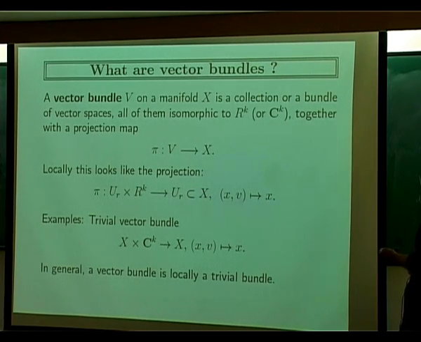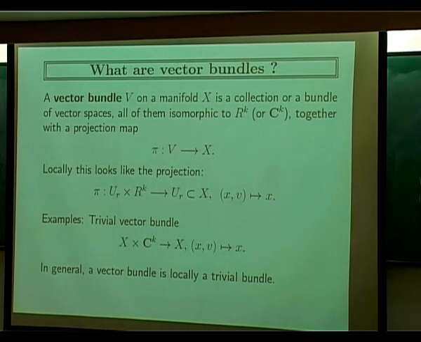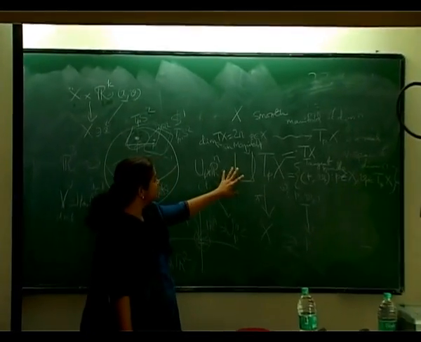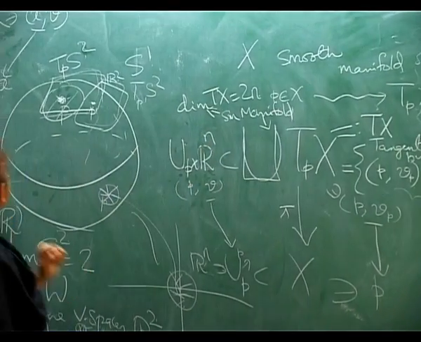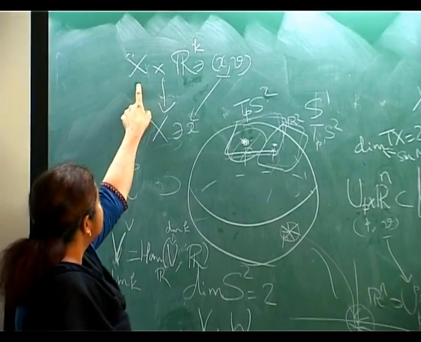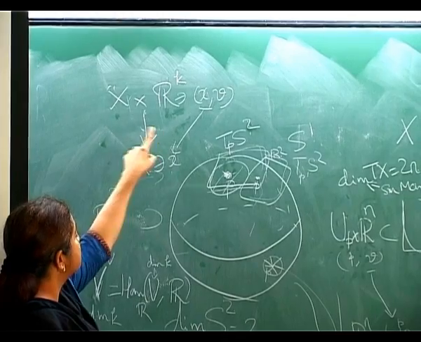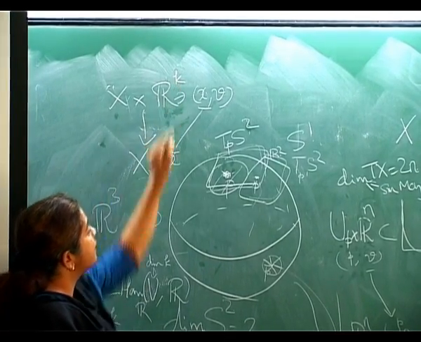The rank of the vector bundle is just the dimension of the vector space. For example, in this case you have the union of tangent spaces, so the rank of this tangent bundle is just the dimension of this vector space. In this case it happens to be n, but in general if you look at such a trivial product, with just X and your k-dimensional real space, the rank of this bundle is going to be k.